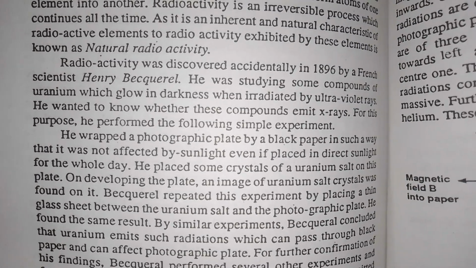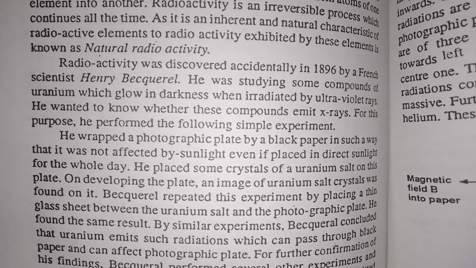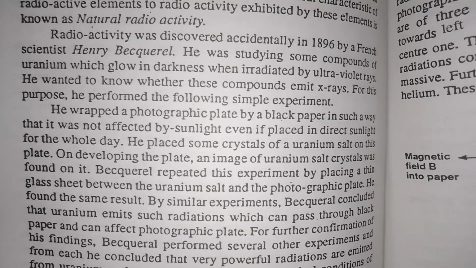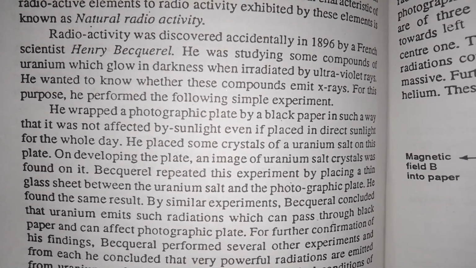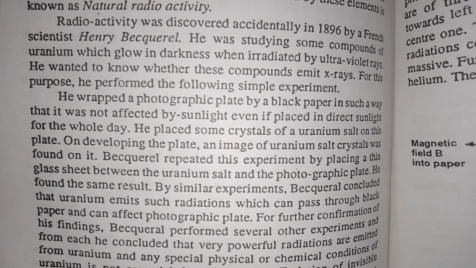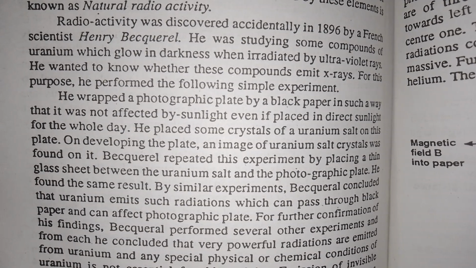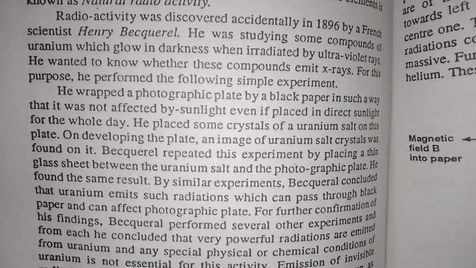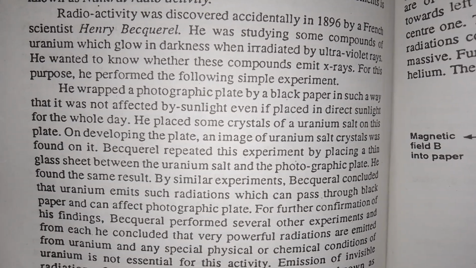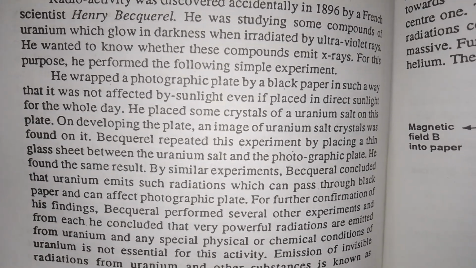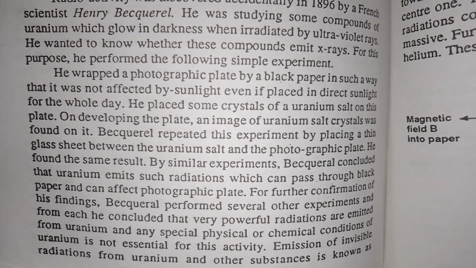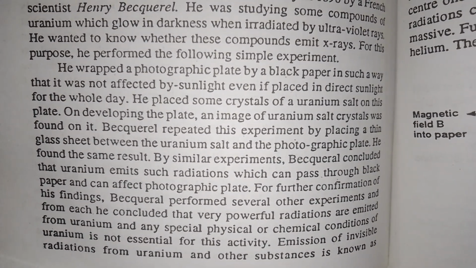For this purpose, he performed the following simple experiment. He wrapped a photographic plate in black paper in such a way that it was not affected by sunlight even if placed in direct sunlight for the whole day. He placed some crystals of uranium salt on this plate. On developing the plate, an image of the uranium salt crystals was found on it.